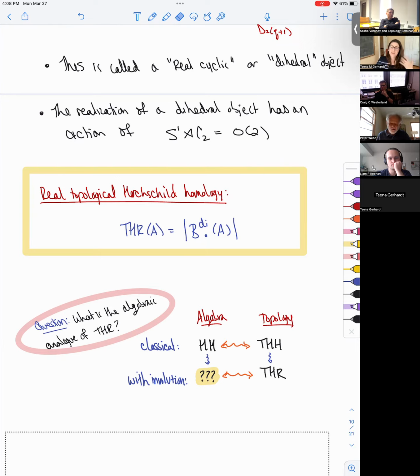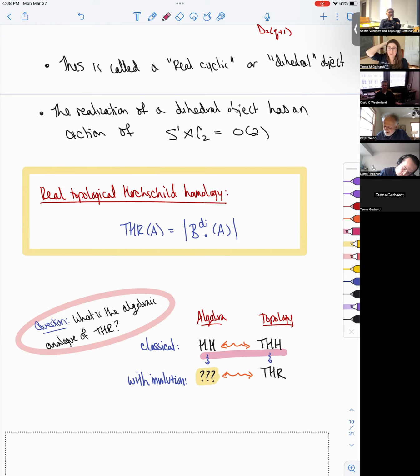Right? So in the classical story, THH came from some algebraic theory. There was this classical algebraic theory. And THR didn't come about that way. It came about as a topological theory. But it should have some algebraic analog. And in the setting of THH, knowing about the algebraic analog was really essential to understanding THH.